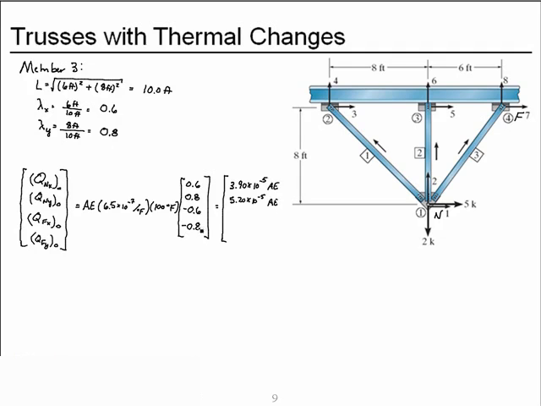And then we repeat the process with the negative signs, minus 3.90 times 10 to the minus 5 AE, and minus 5.20 times 10 to the minus 5 AE. And these are for degrees of freedom near node x is 1, near node y is 2, far node x is 7, far node y is 8.